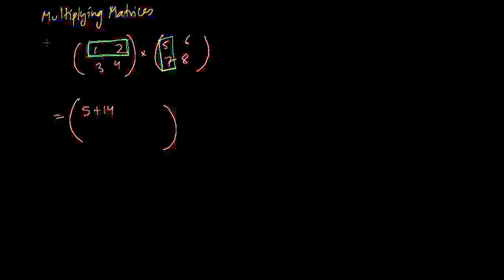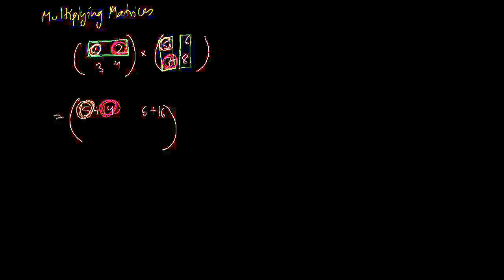We are multiplying this 1 with this 5, and then we are multiplying this 2 with this 7. Next, we multiply this same row with the next column. Then it turns out to be 1 times 6 is 6 plus 2 times 8 is 16.